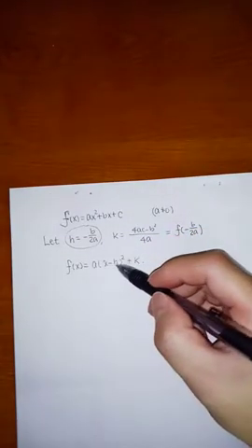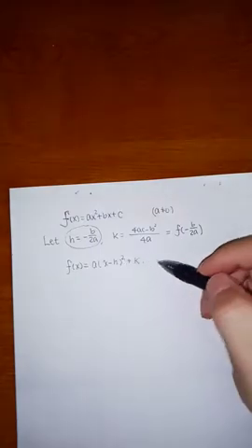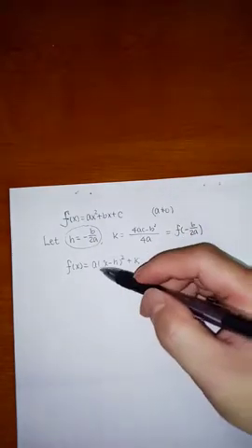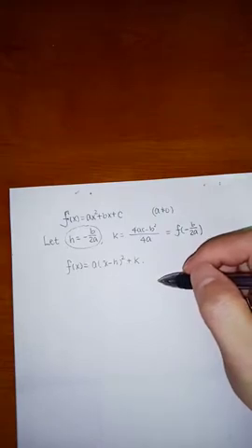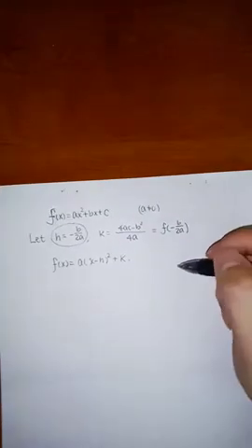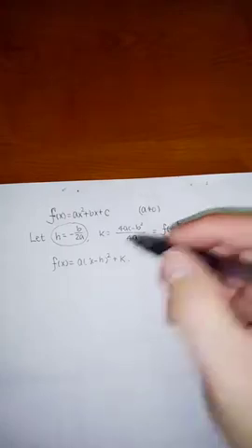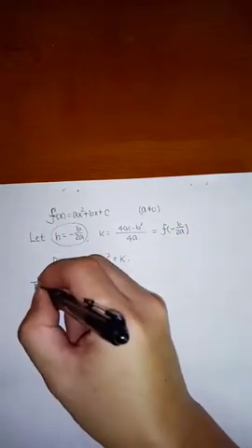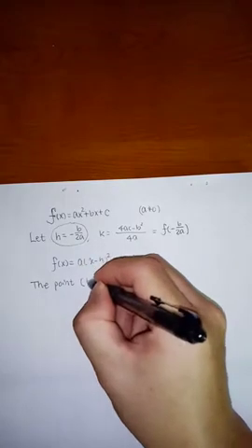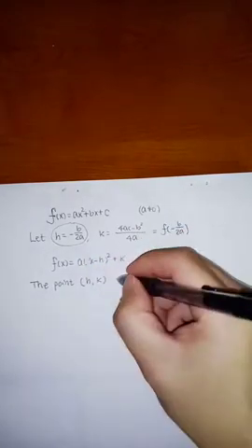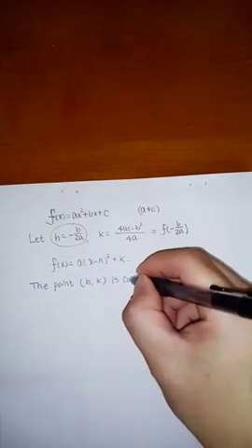A times (x minus h) quantity squared plus k. This formula comes from the process of completing the square. And in this formula, the point (h, k) is called the vertex.